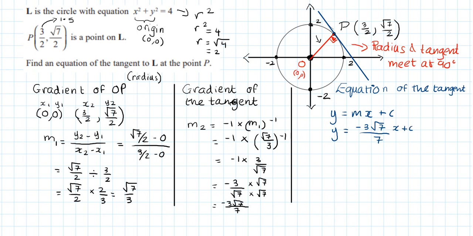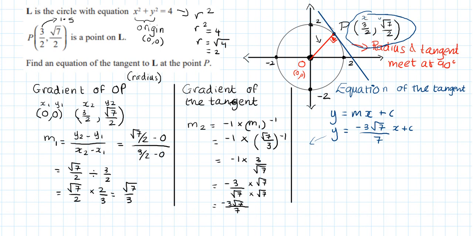We need one coordinate, and we have this coordinate here. That's going to be my x coordinate, and that's going to be my y.